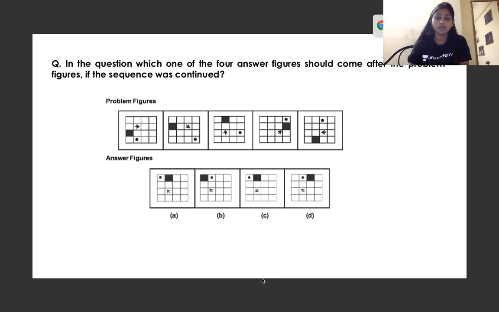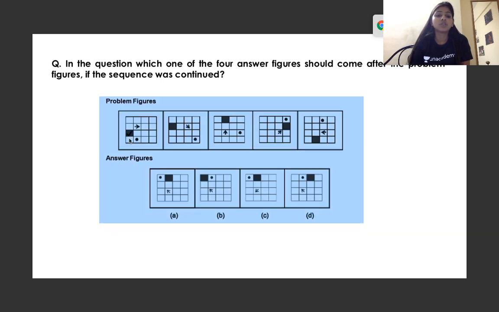Try to find some pattern. Okay. So if you see this square here, focus on this square.